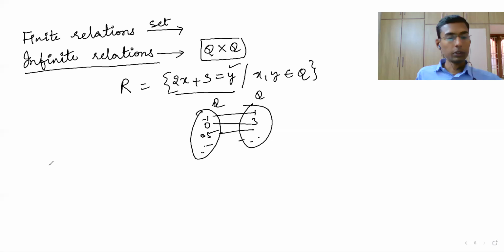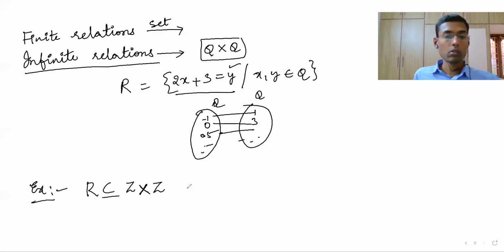Yes, sir. So now I'll take a simple example of this. R is a relation. From where to where, you know? I'll take Z to Z just for ease. So Z is which one? Integers.